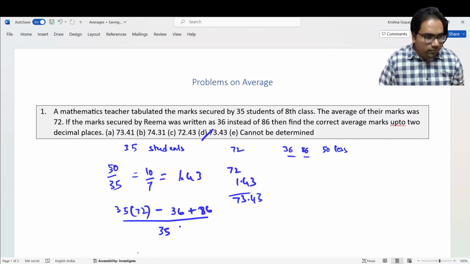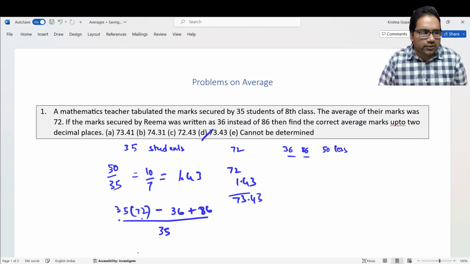35 into 72 minus 36 plus 86, by 35. This is what they will do, and they get 73.43. Okay, this is unnecessary calculation.